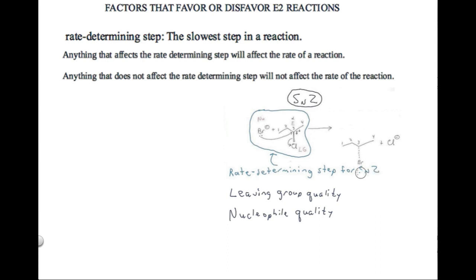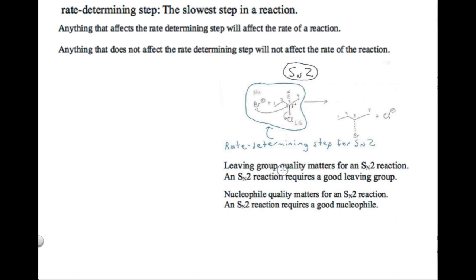Do you remember how an SN2 reaction is affected by leaving group quality and nucleophile quality? Here's the answer. And now, pause the video and see if you can justify each of these statements. How would you justify these statements? Well, notice that the leaving group participates in the rate-determining step for SN2.